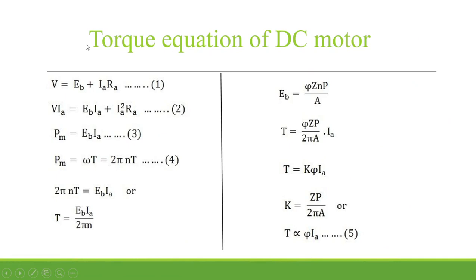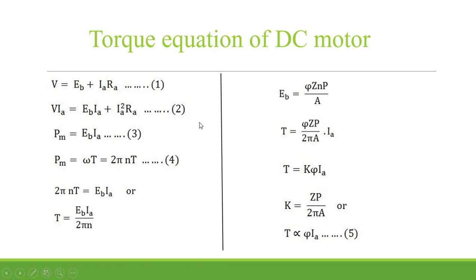What is torque? Torque is turning effect due to some force applied. Now recall the construction of DC machine. We were having armature in the rotor part, and that armature was divided into slots in which armature conductors were placed. According to Fleming's left hand rule, that armature conductors experienced a force in a direction tangential to the circumference of the armature.